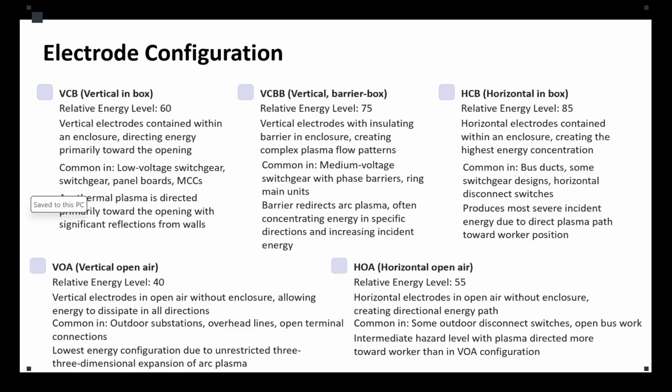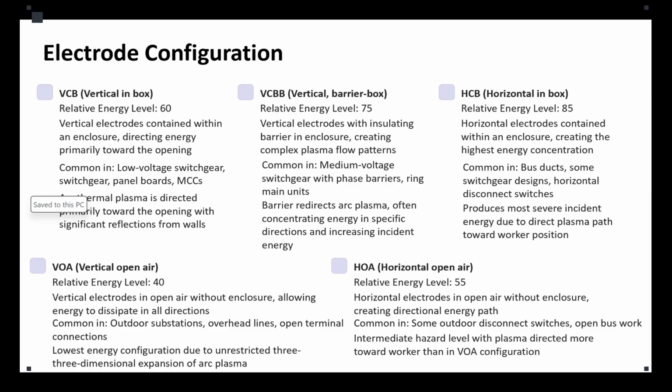We have horizontal open air. Orientation is horizontal, environment is open air, no enclosure, and the relative energy level is 55. Now, here the arc forms between the horizontal conductors.